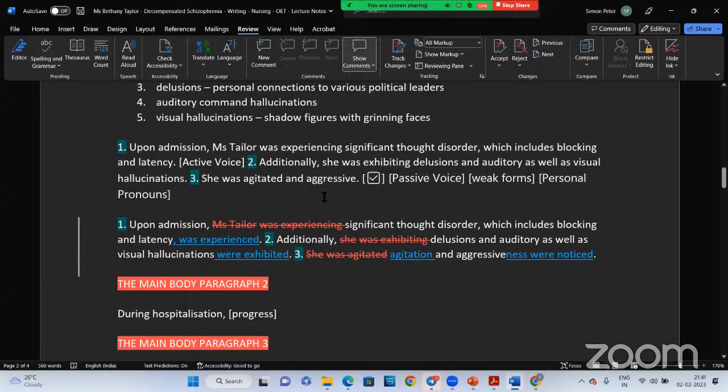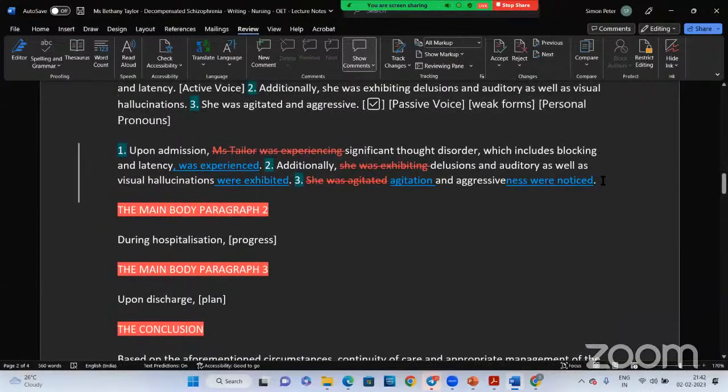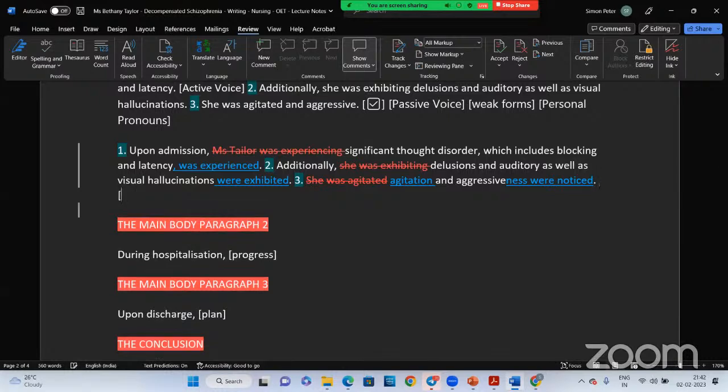And you are bringing the noun there. More important thing is here: when you are introducing a new topic, start with the new thing. Don't bring the old thing again and again, making nonsense out of sense. These both are passive voice with weak form personal pronouns. Here all are passive voice sentences.